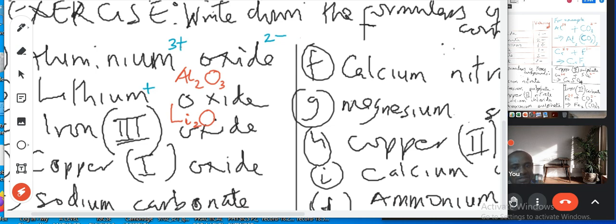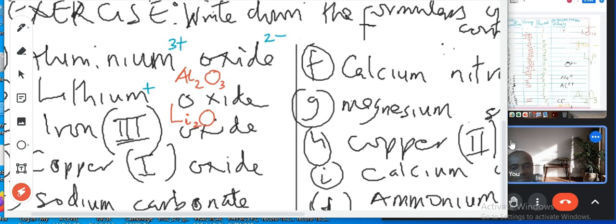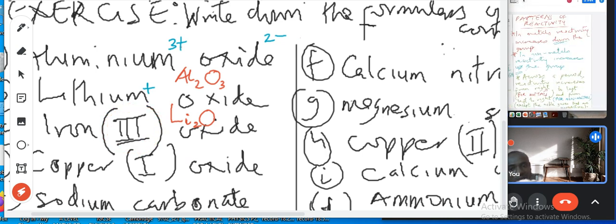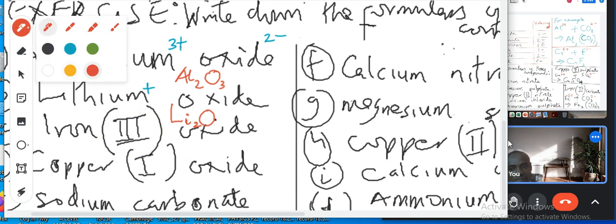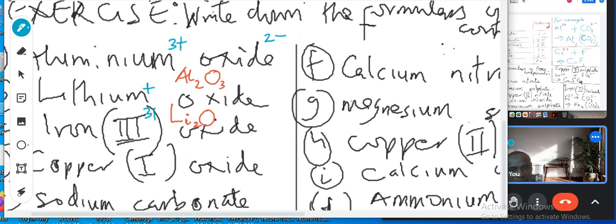For instance, in iron(III) oxide, the number in the bracket tells you its oxidation state. So the valency of iron is 3 plus. I know you already know that oxygen is 2 minus.